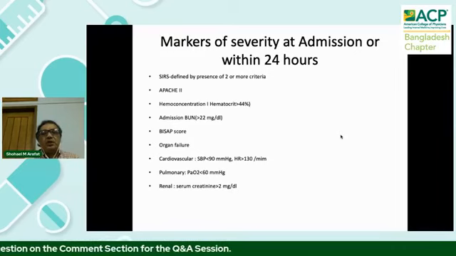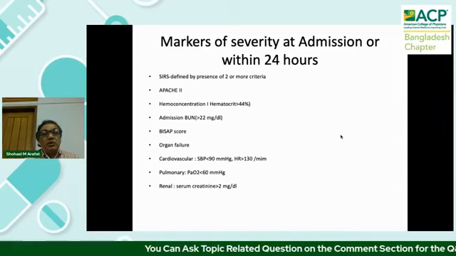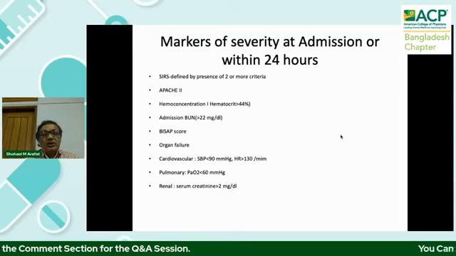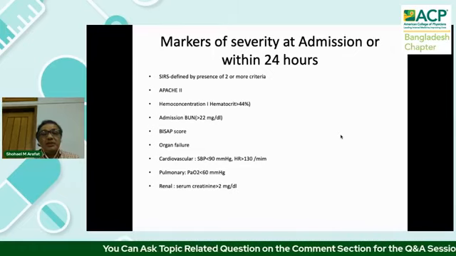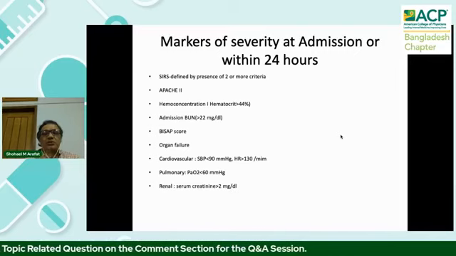Basically, there are many criteria. The SIRS criteria, then the BISAP score, and what I have said before, the blood urea nitrogen, hemoconcentration, and organ failure: cardiovascular status like low blood pressure or very high heart rate, pulmonary PO2 less than 60 mmHg, and renal function compromised if creatinine is more than 2.